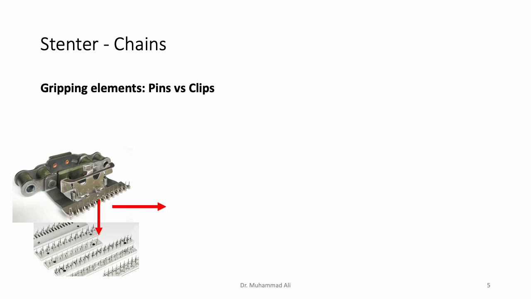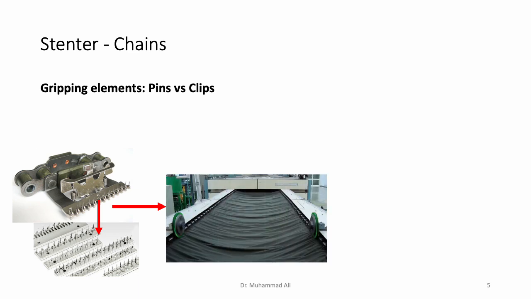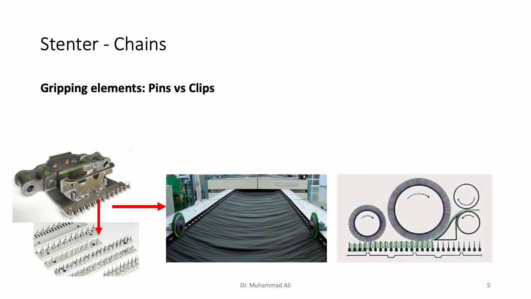The advantage or the main feature of using pins as the gripping element is that with the help of pins, you can do excessive overfeeding of the fabric. So this is how it looks. If you look at it in a schematic diagram, the fabric is aligned onto the pins, and then a brushing roller, which you can see over here, just simply presses the fabric salvages into these pins.